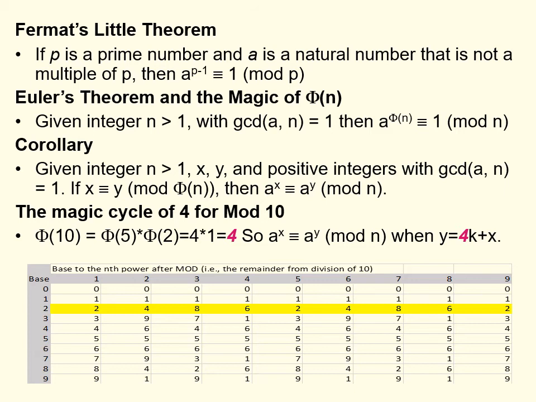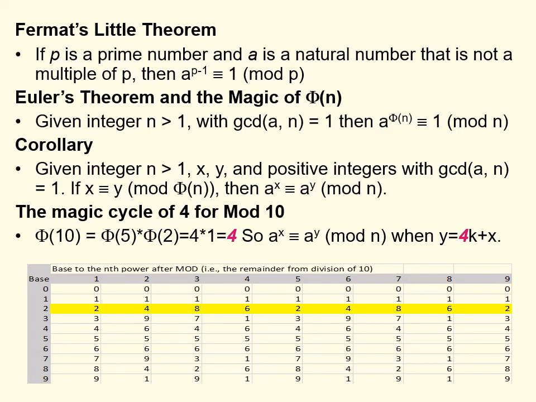So those are the 4 numbers below 10 that are co-prime with it. So in this case, the totient number is 4, right? But you can also calculate this number with a neat formula.